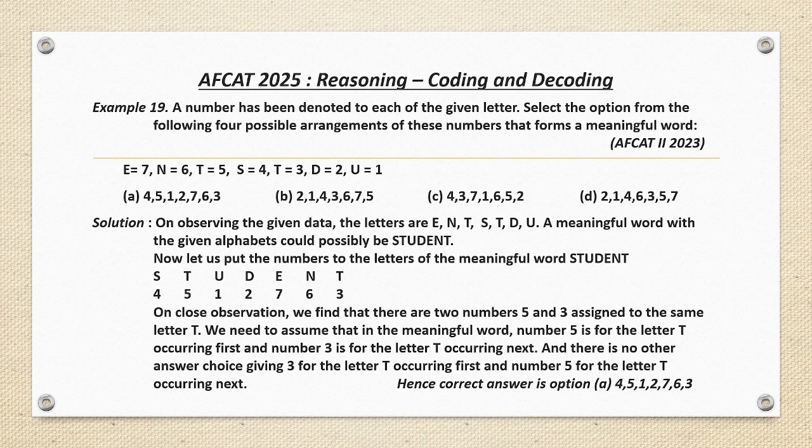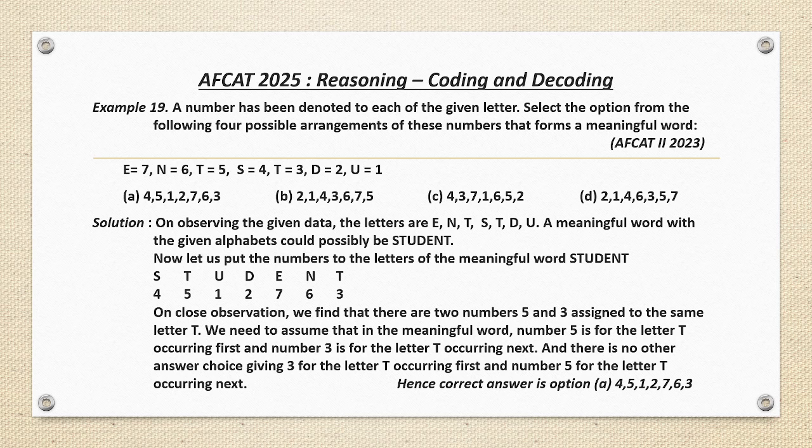Right? Now below each letter you put the given number. That's it. What is there? 4 5 1 2 7 6 3. Okay. Now you will get one doubt. Here the letter T is appearing twice. So what should we do? In the given series, the T has got 5 and again it has got 3, right?